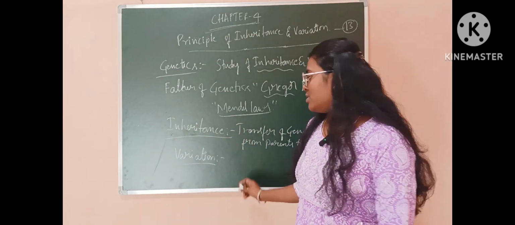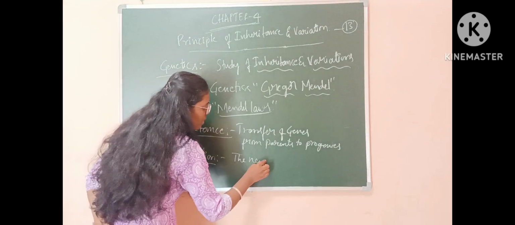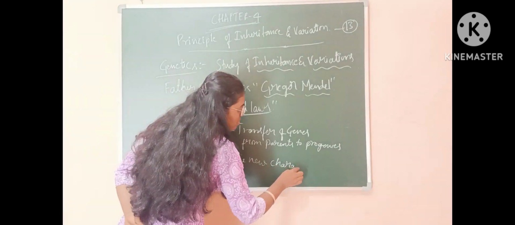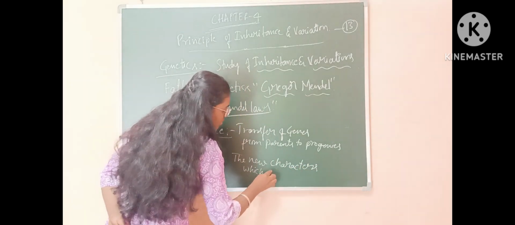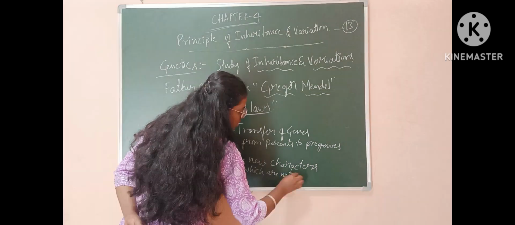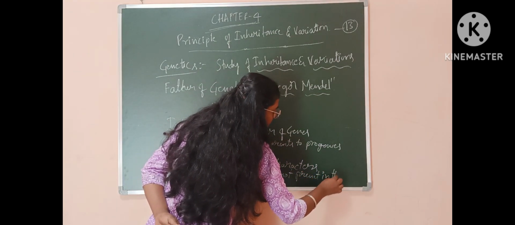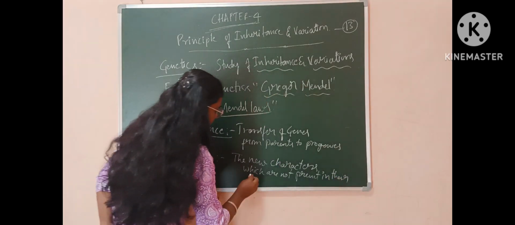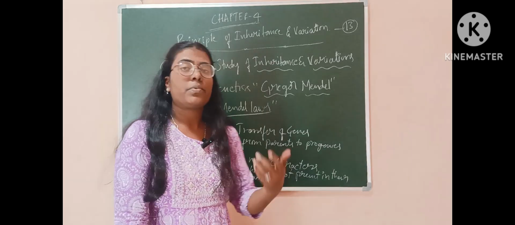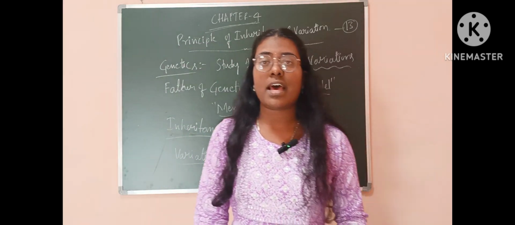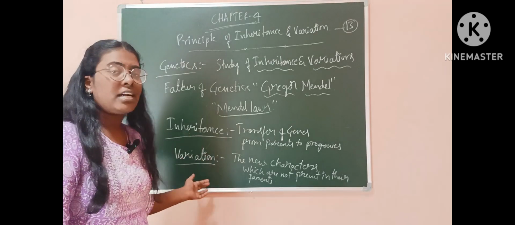Variations are nothing but the new characters which are not present in their parents, and they are produced in the new progenies. They are called variations. So this is the meaning of inheritance and variation.